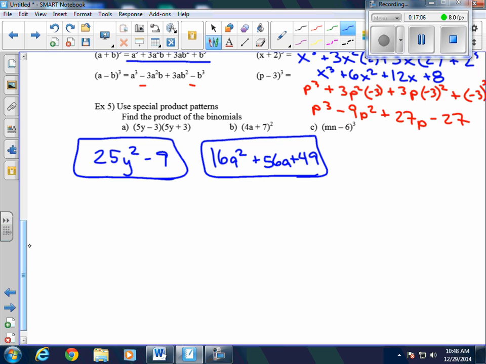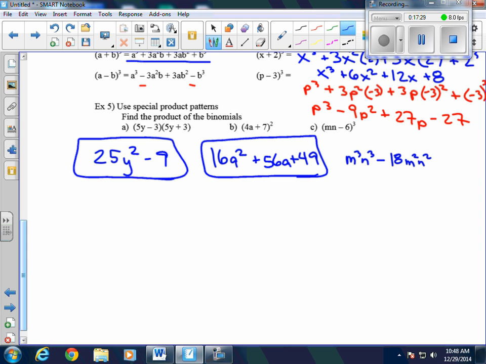All right, and the third one. We're going to go m cubed n cubed. That's the first one. And it's going to end up being minus, well, it's going to be 6 times 3, which is 18. So it's negative 18 m squared n squared.